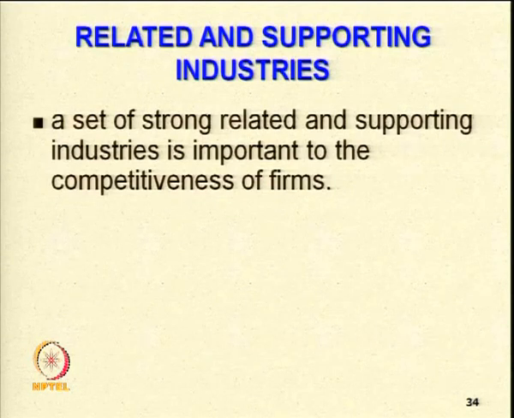Therefore, you talk of industrial clusters, and you talk of servicing stations, and you talk of a system where industries grow in the same geography in a collective manner, because it is easy to sustain those industries.